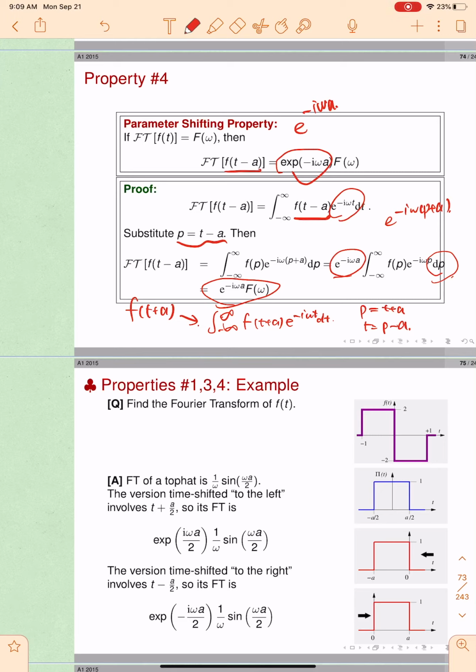Then you will have the integral of f(p) e to the minus i omega p times e to the i omega a dp. Then you will put this out, which will give you e to the i omega a F(omega). So this is when you have a plus sign there.